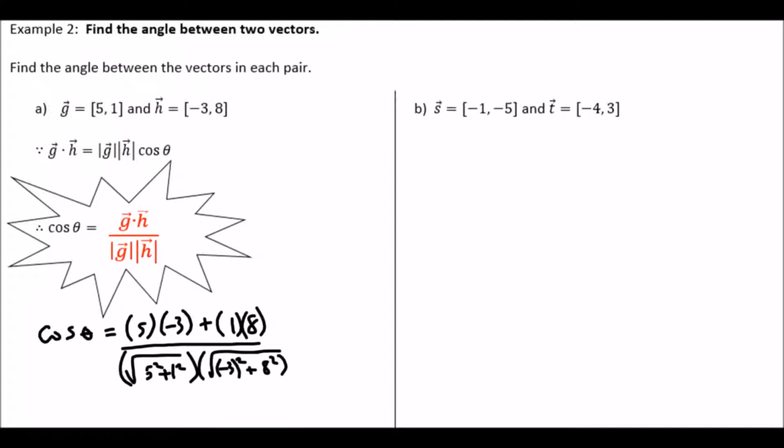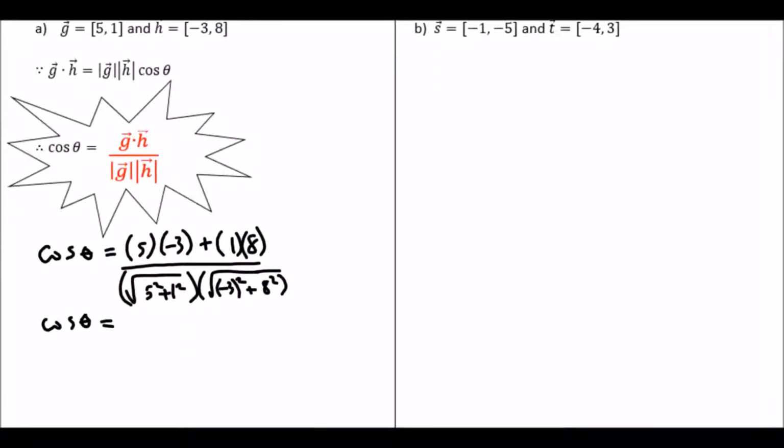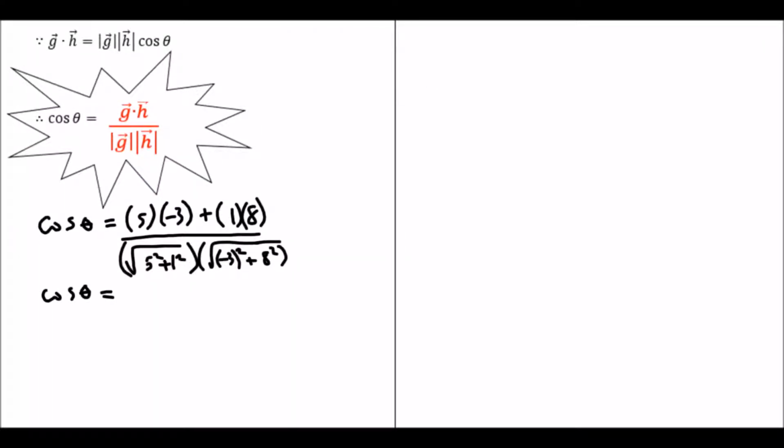So there we go. When I have this, I've got cos theta. Put this in my calculator. Cos theta is equal to, the numerator is going to be -7 all over square root of 26 times the square root of 73, and I do cos inverse of that in my calculator. So here I get theta is equal to 99 point, we'll go to 1 decimal place, 2 degrees.